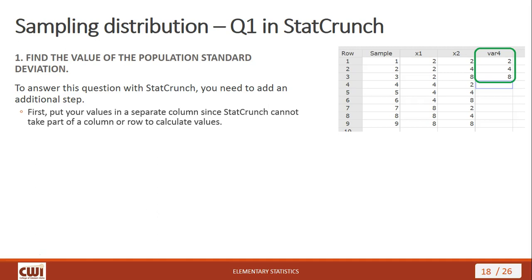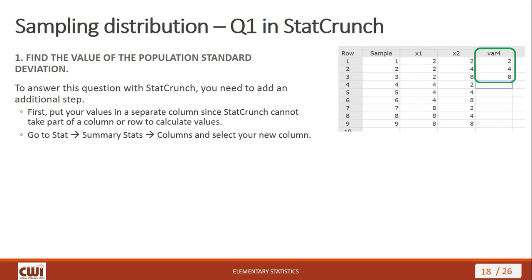You have to have the values that go into a calculation in a cell itself in the data table. So the only way to do this in StatCrunch is to put in this extra step of making a separate column with the actual values in that column.